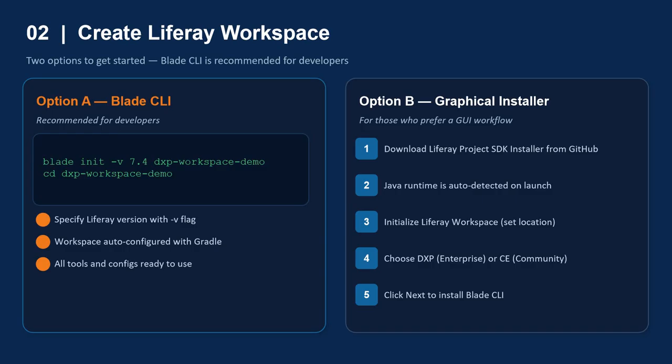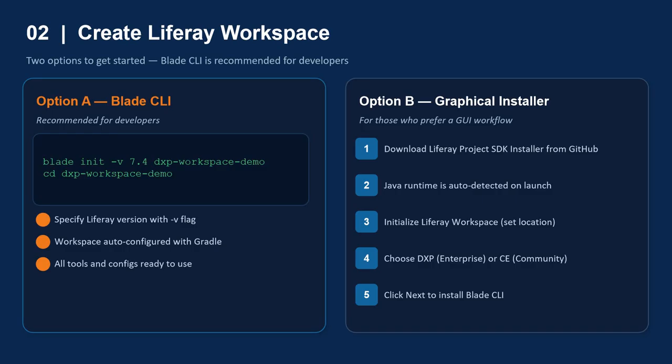What you need to do, guys, after installing all the prerequisite things, is open a cmd command prompt and run this command. You can see the first line. Once the directory is created, you can go into that directory with cd dxp-workspace-demo.